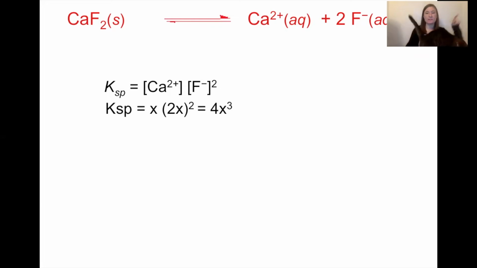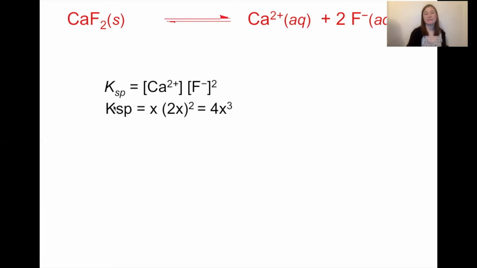So that 2 in this chemical equation is affecting this problem in 2 different ways. This 2 is affecting the power of the fluoride ion, and it's also affecting the concentration of fluoride. So we end up with KSP equals 4x cubed, from multiplying x for calcium and 2x squared for fluoride.